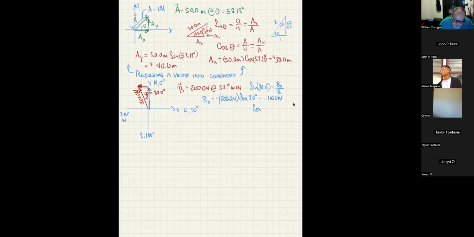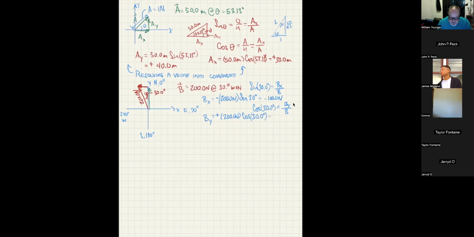Similarly, cosine of 30.0 degrees is equal to adjacent over hypotenuse, which in this case is equal to b sub y over b. So b sub y, I'm forcing this by putting a plus there. That's going to be plus 200.0 newtons times cosine 30.0 degrees.